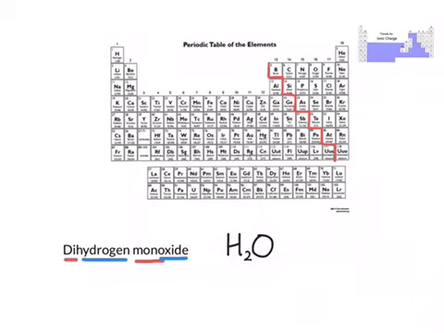If we don't have any number there, we're just going to assume that we at least have 1 of these things. So just to let you know, when you see mono, you don't need to write a number beside it when you do the chemical formula or the molecular formula for it. That is it. So it is H2O. And that is how you do this.